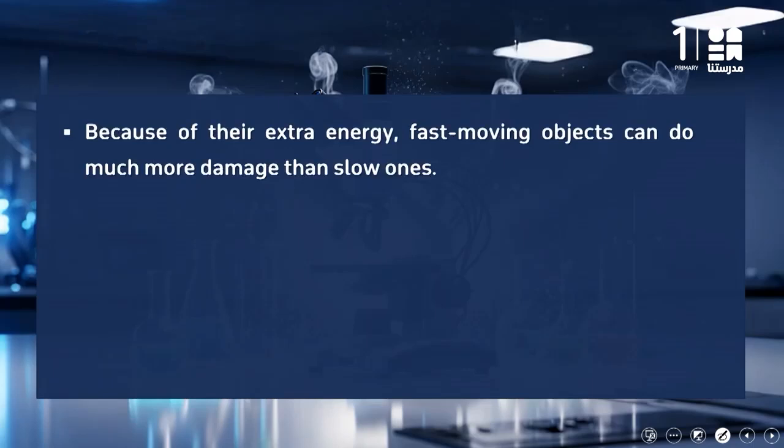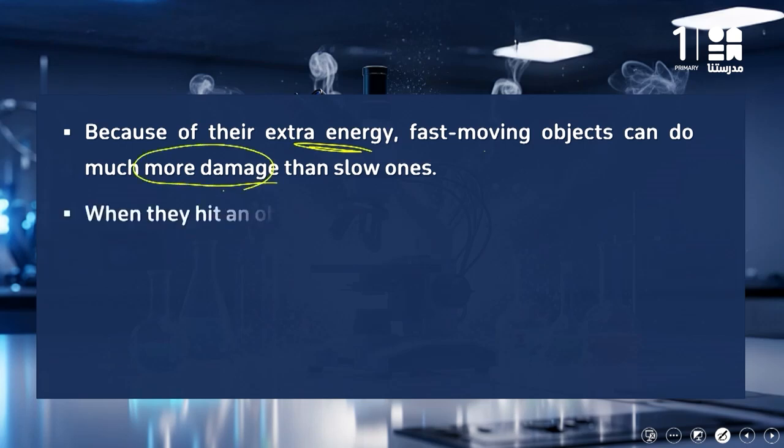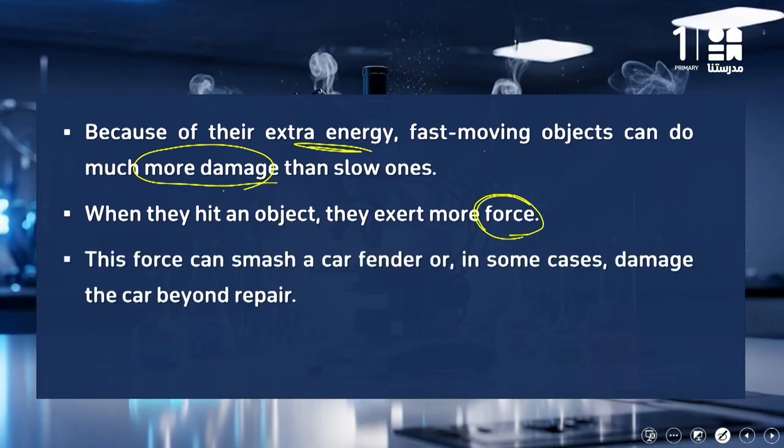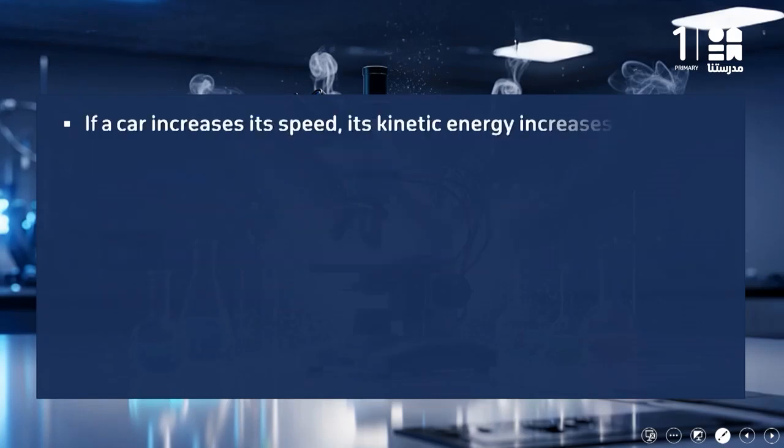Because of their extra energy, fast-moving objects can do more damage than slow ones. When they hit an object, they will exert more force. This force could smash a car fender, or in some cases, damage the car beyond repair.